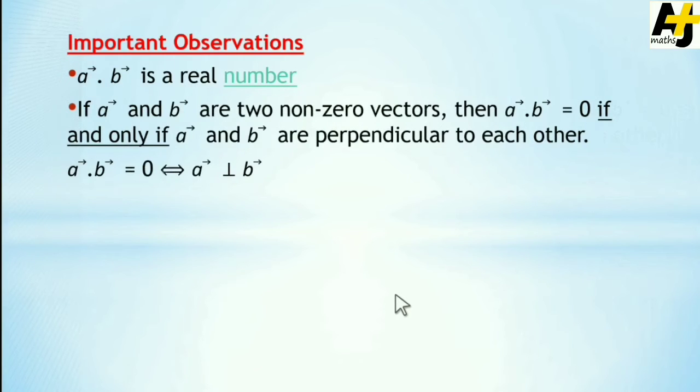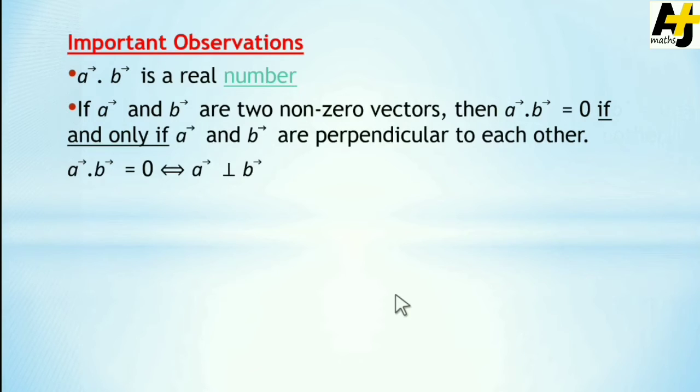Important observations. Note that a dot b is a real number. Obviously, when we multiply two vectors with the dot, it will always be a real number. If a and b are non-zero vectors, then a dot b equal to 0 if and only if a and b are perpendicular to each other.